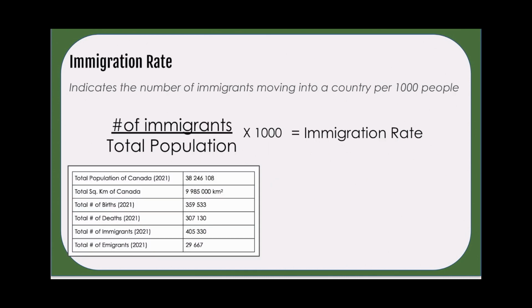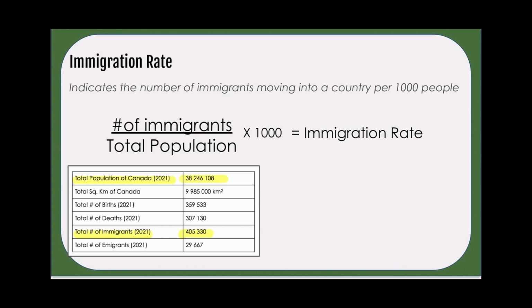Next, we're going to be looking at our immigration rate, and this is going to be similar to how we calculated our birth rate and our death rate. So again, we're going to be looking at our total number of immigrants and our total population of Canada. Now, immigrants is looking to calculate how many people are coming into a country per 1,000 people.